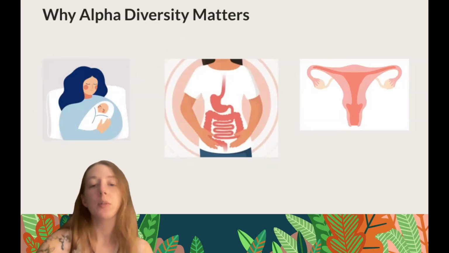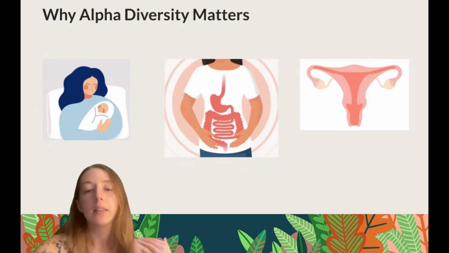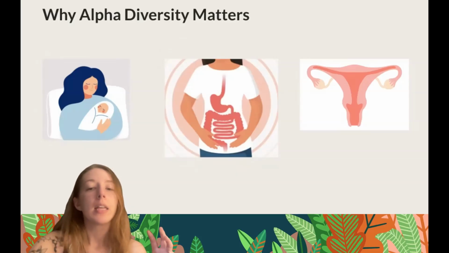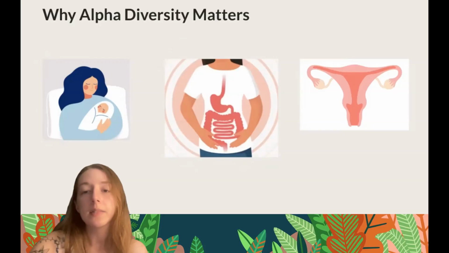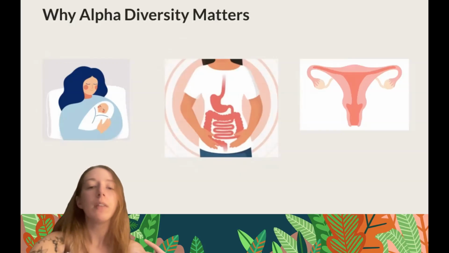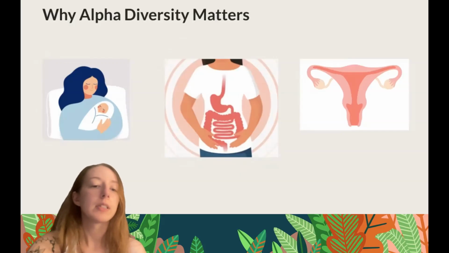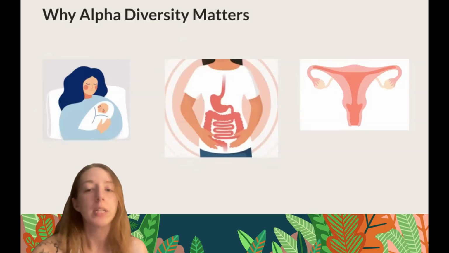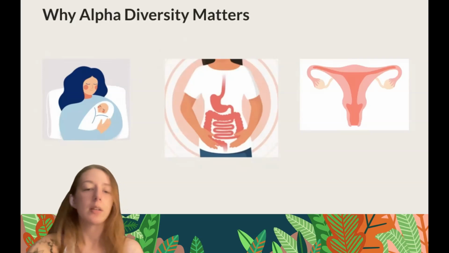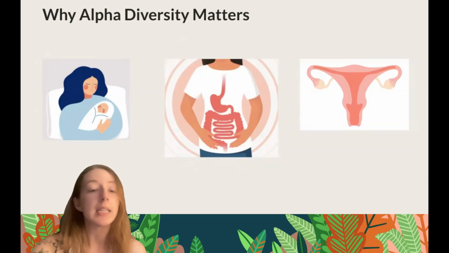In the vaginal microbiome, the community is dominated by Lactobacillus species. That is a healthy state that allows an acidic environment that protects the vaginal ecosystem. And so higher diversity there is actually associated with dysbiosis, which means an imbalance of the microbiome.